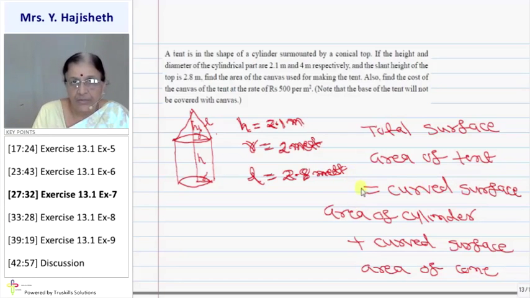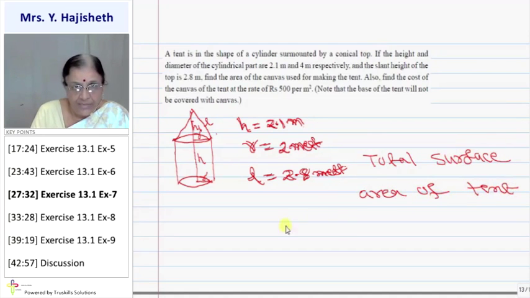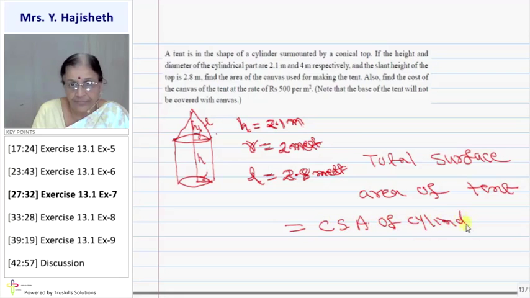Total surface area of tent is CSA, curved surface area of cylinder plus curved surface area of cone.